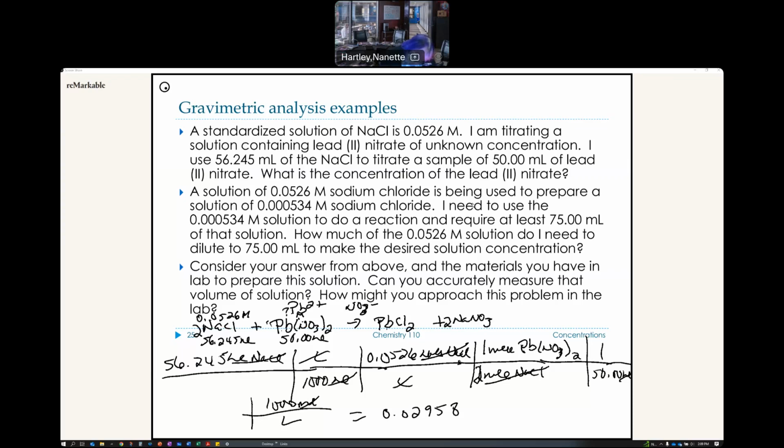It should only be 3 sig figs, and it's based on this number right here, 1, 2, 3 sig figs there.